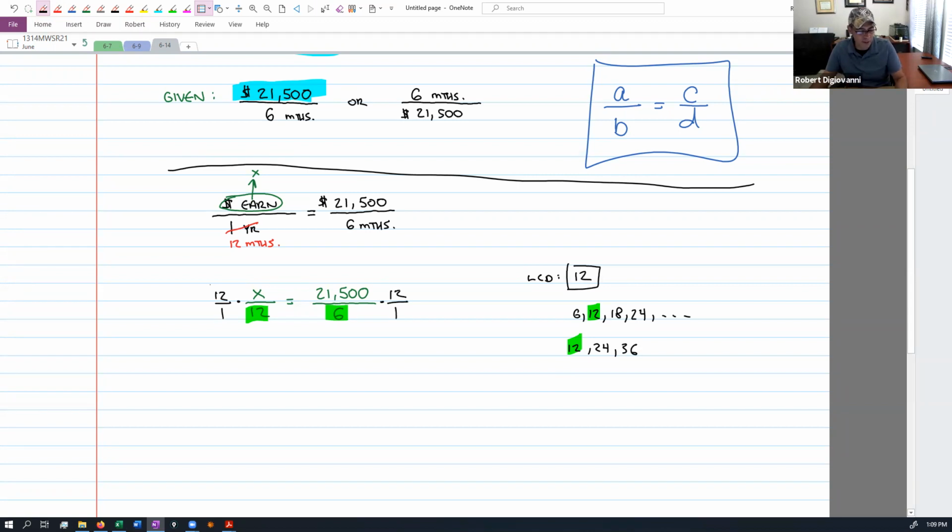And what happens is the 12s go away, we get X. And then over here, you have an option. You can multiply straight across and divide by 6, or you can realize that the 6 goes into 6 once, and 6 goes into 12 twice. And then multiply across. So multiply here, and then 1 times 1 on the bottom. So you should get 43,000.